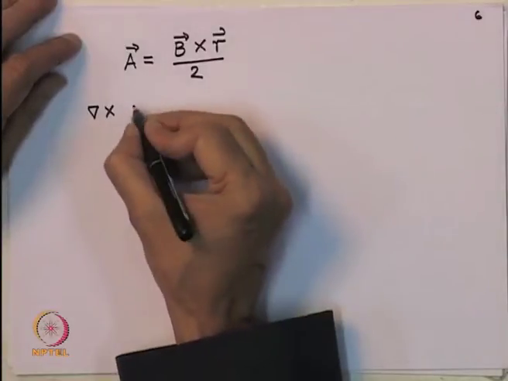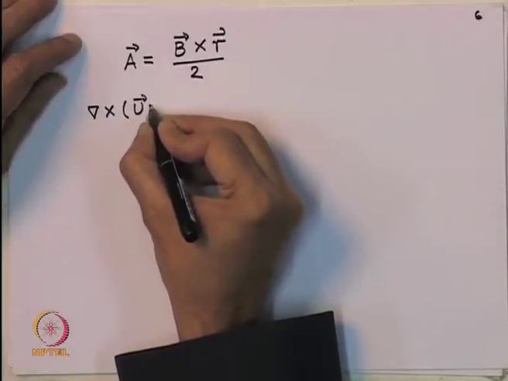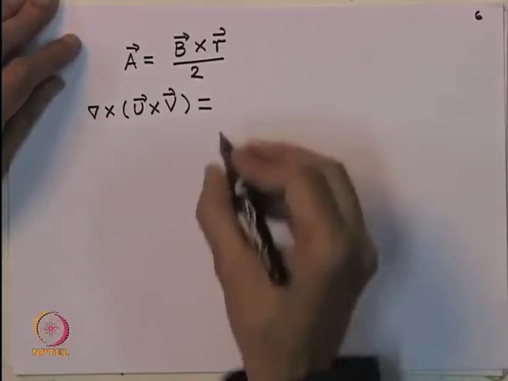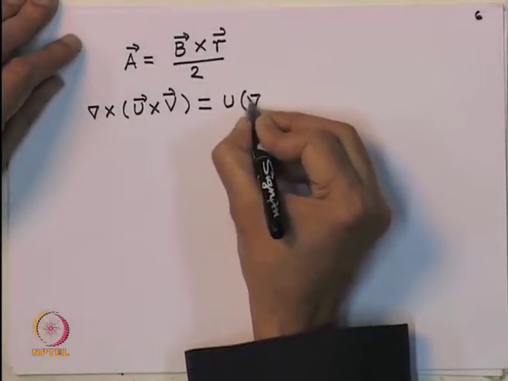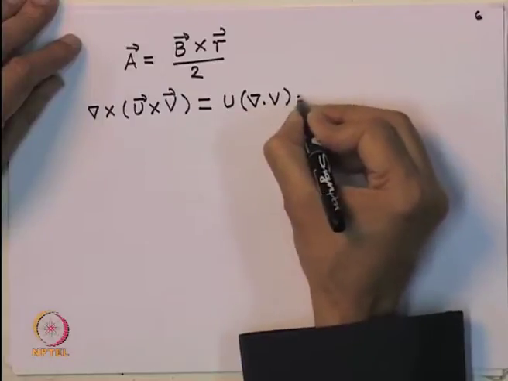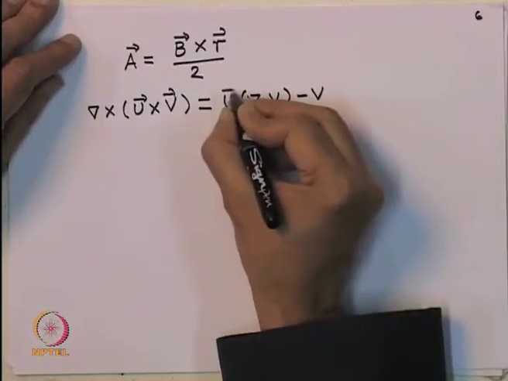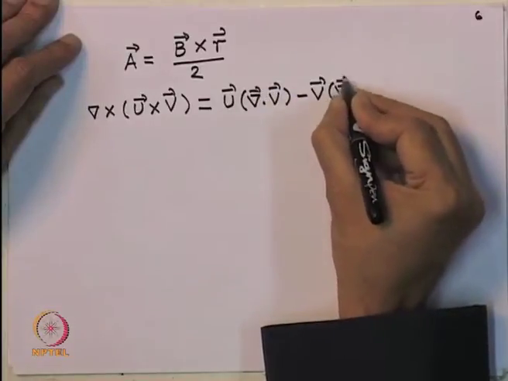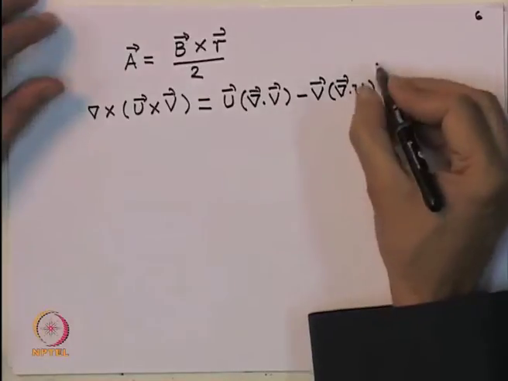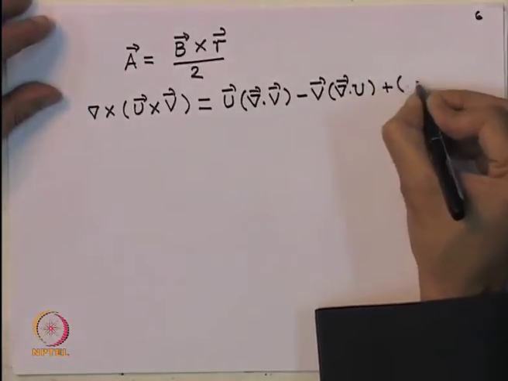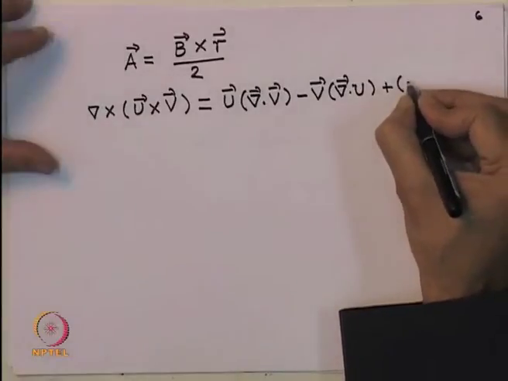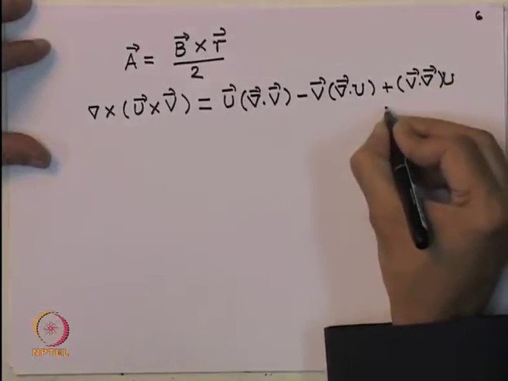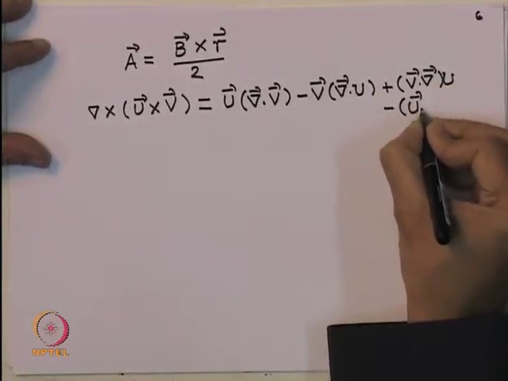So, notice that this is vector algebra. Del cross of u cross v, where u and v are two vector fields, is given by u del dot v minus v del dot u plus v dot del u minus u dot del v.